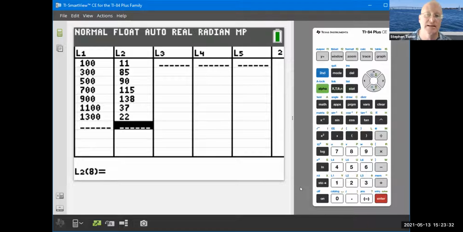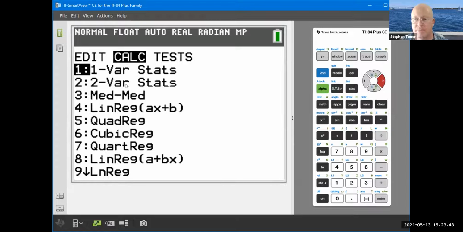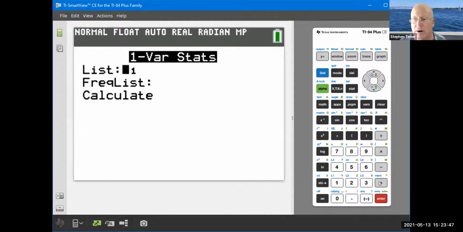Anytime the second list contains frequencies, we do something a little bit different. We hit our stat button, we go over to calc. It's still going to be one variable statistics, the first choice, but this time we tell it specifically that our frequency list is going to be list 2. So I'm going to hit second L2 there.